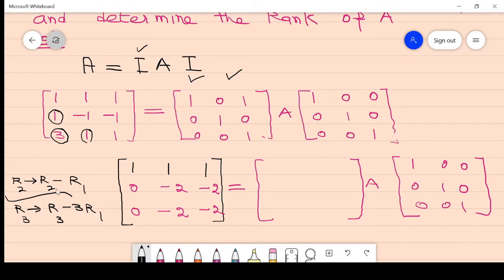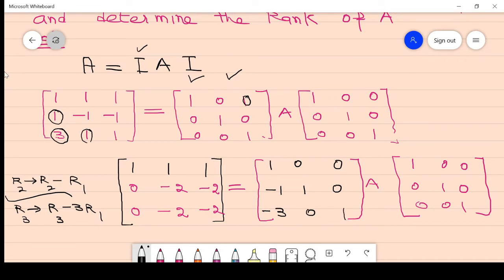So first row is 1, 0, 0, no problem. Second is R2 minus R1, so this is -1, 1 and 0. And third is R3 minus 3R1, so this will be -3, 0 and 1.